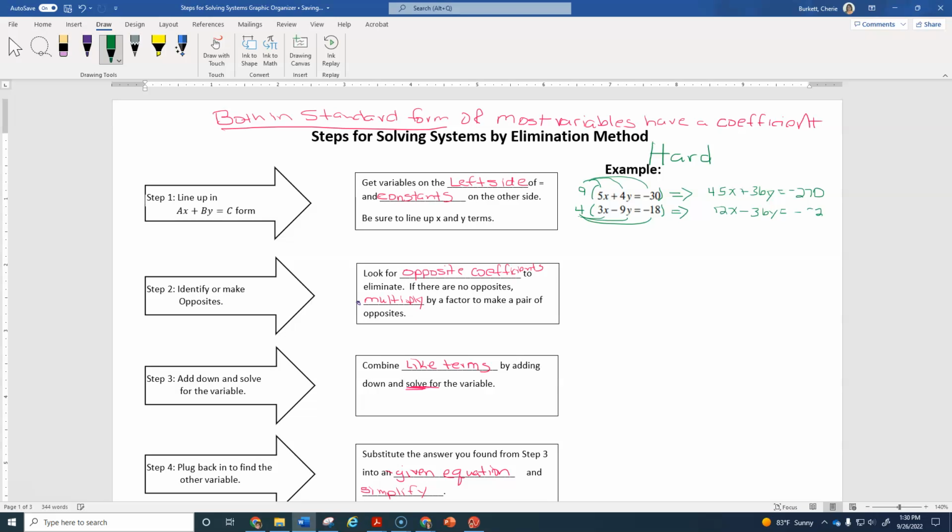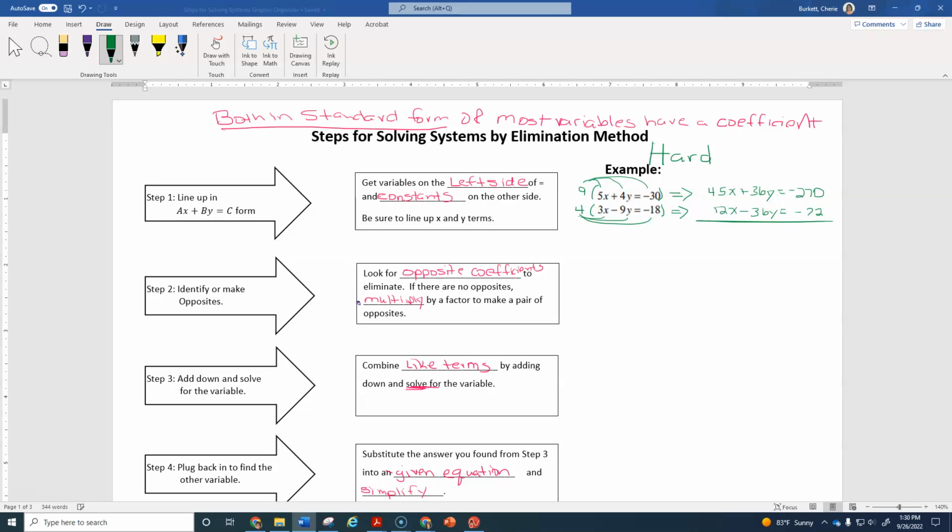I think it's negative 72. I'm going to double check my arithmetic real quick because I don't want to make a mistake and have to start all over. So 4 times 18, yes, comes out to be negative 72. Okay, so now I have a positive 36y and a negative 36y.